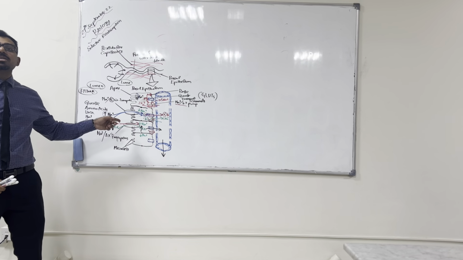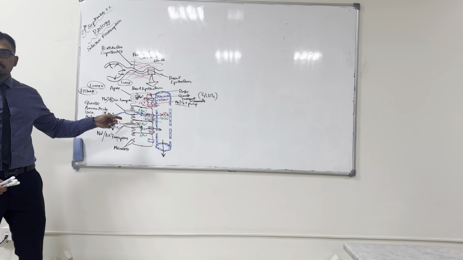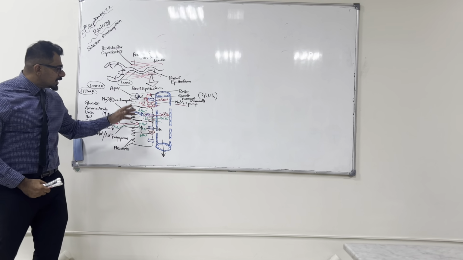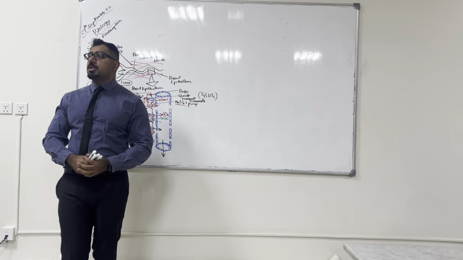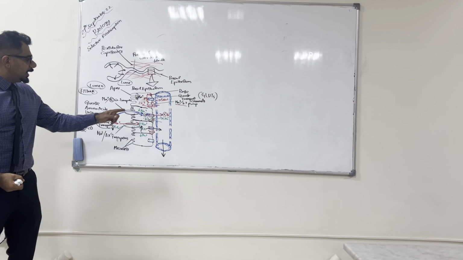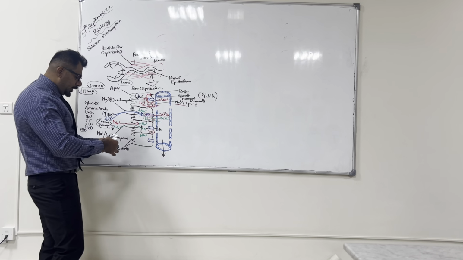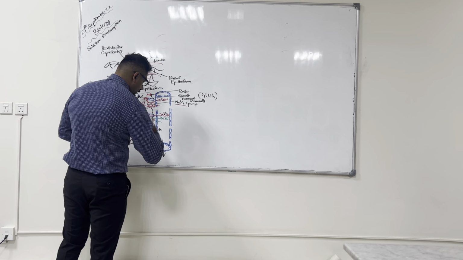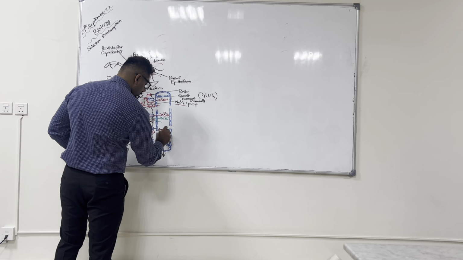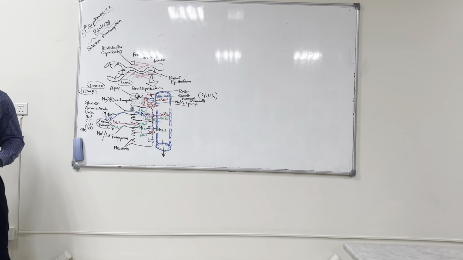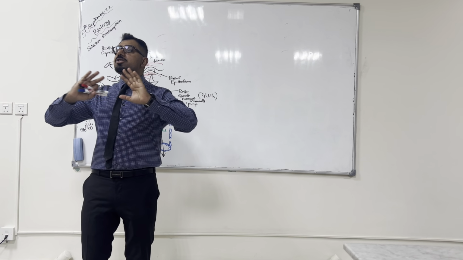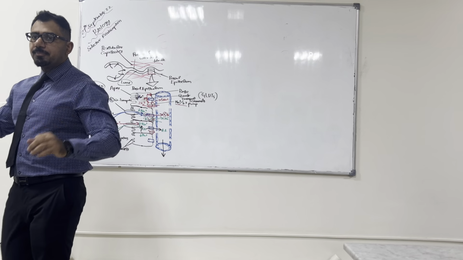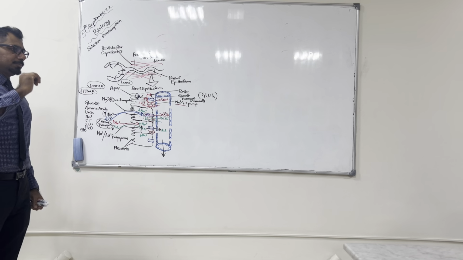That will be the secondary active transport. Understood? So this is how the glucose, sodium and amino acids are transported from the lumen into the blood. Right? So all the amino acids and all the glucose goes back, 100%.